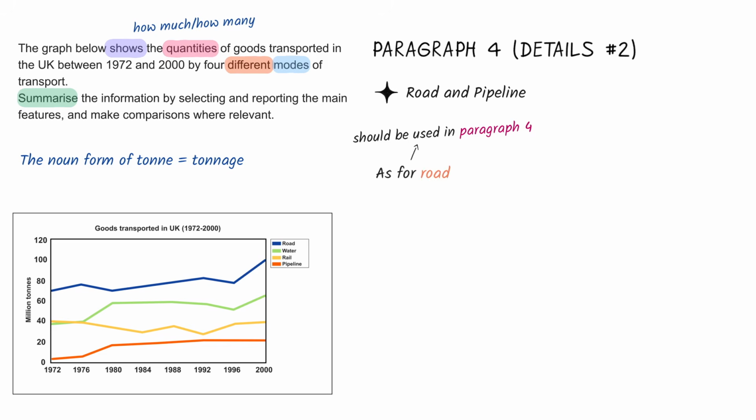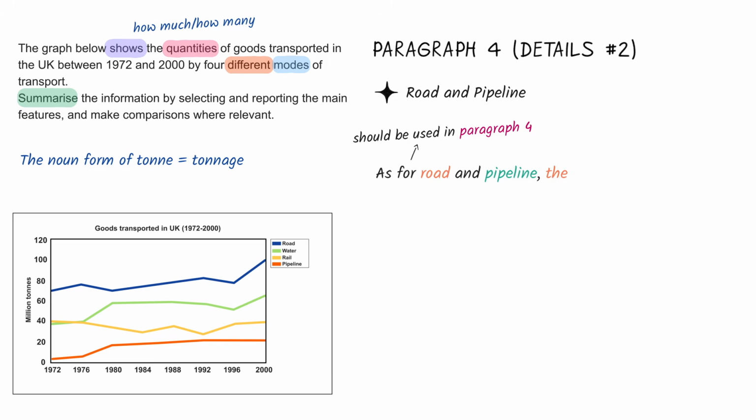As for road and pipeline, as you remember, in our previous paragraph, we used the structure of respectively, in which we mentioned two categories and then we provided two data, and then we used respectively. Now here, I'm going to use the structure of former and latter. Former and latter. All right. I mentioned road and pipeline. So road is the first and pipeline is the second.